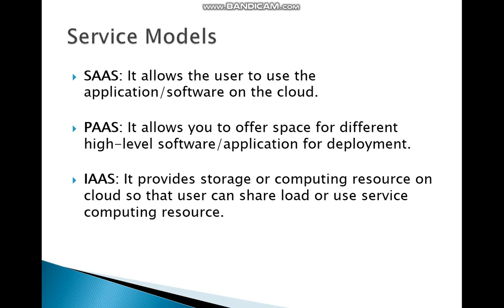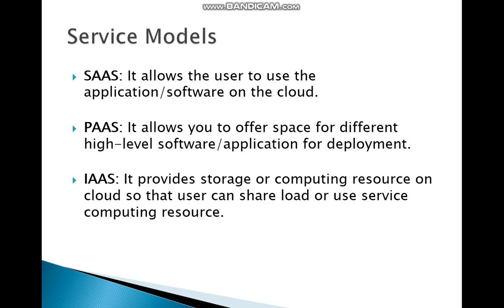Okay, the service models. There are three types of service models. The first one is SaaS. SaaS stands for software as a service. It allows the user to use the application software on the cloud. We will have some examples as well in the next slide. Then it is PaaS. PaaS stands for platform as a service. It allows you to offer space for different high-level software applications for deployment.